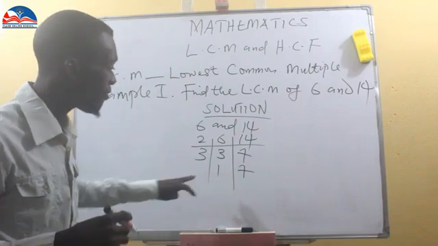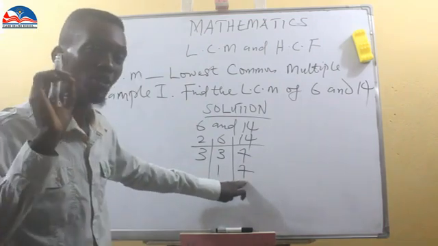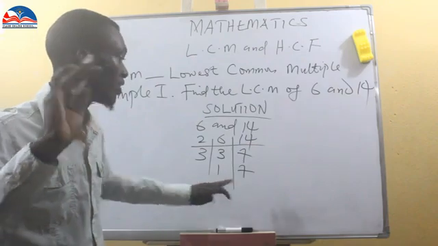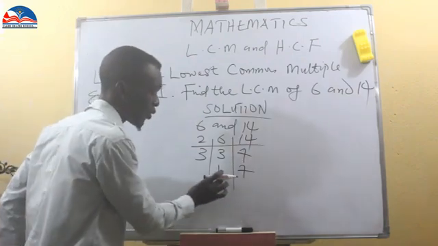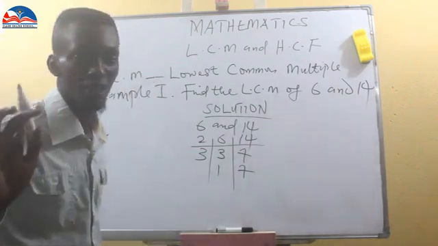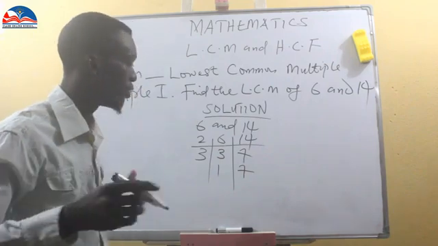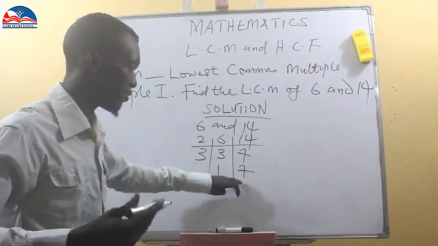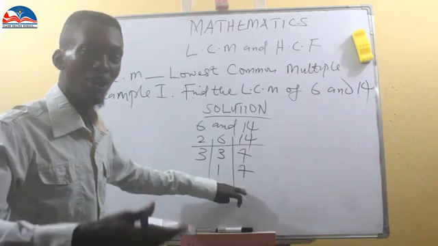Now you have 1 and 7. 1 is already in the lowest term. What is the next number that can divide 7? Can 3 go? Can 4 go? Can 5 go?